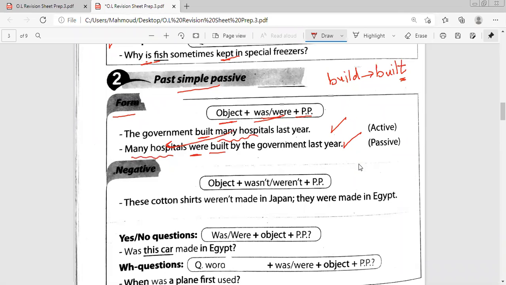Because this is the past participle. Build, built, built. Many hospitals were built by the government. You will add by here and then the government, which is the subject. You will just replace between the subject and the object, and then you will put last year. Many hospitals were built by the government last year.